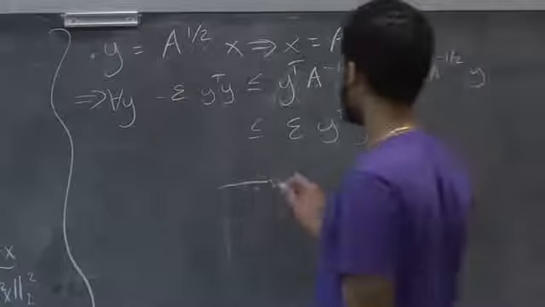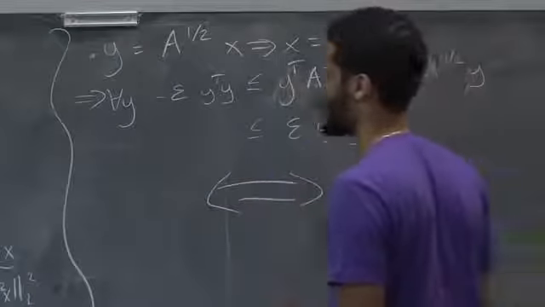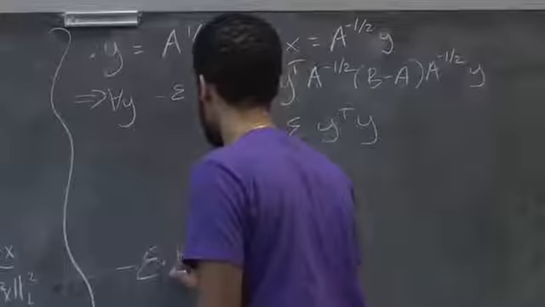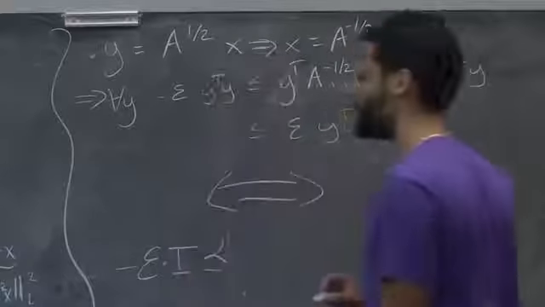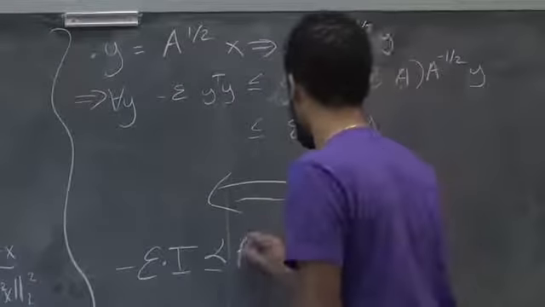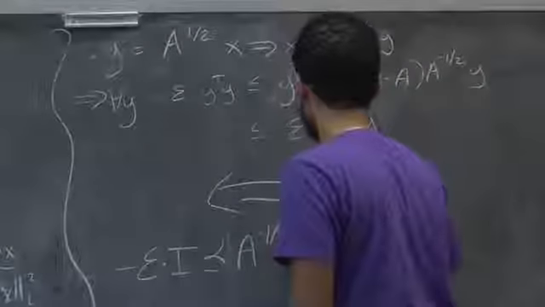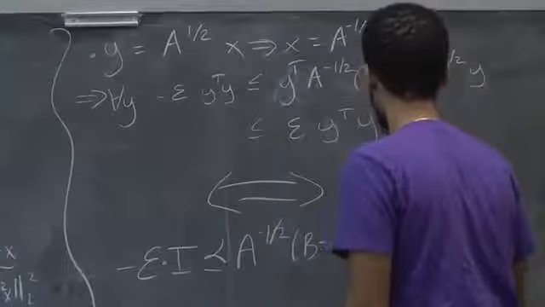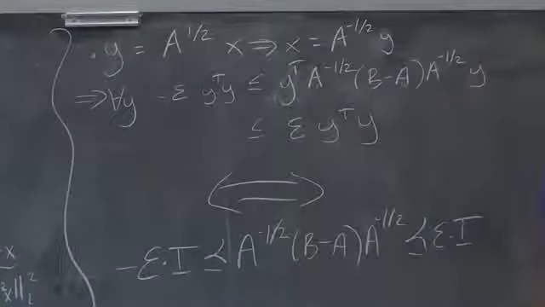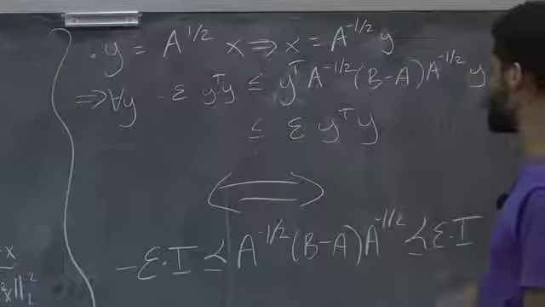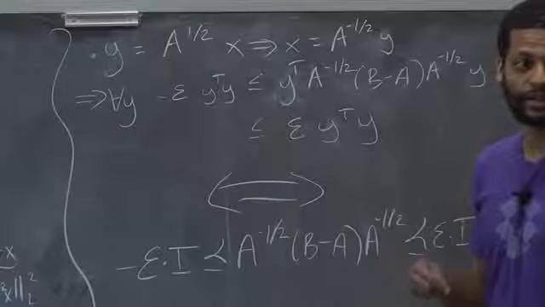And that's the same thing as saying that minus epsilon times the identity matrix is at most, in the Loewner ordering, A to the minus 1/2 (B minus A) A to the minus 1/2, which is at most, in the Loewner ordering, epsilon times the identity. So when we go through Newton's method, you're going to see this come up in the proof. Oh, the question?